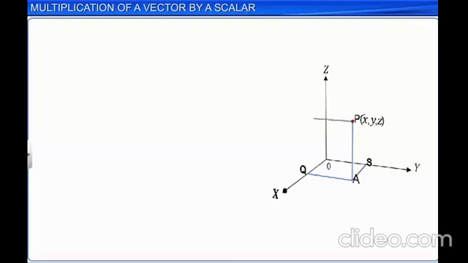Complete the parallelepiped as shown. Now, Q, S and R are the points on the x, y and z axis respectively, such that OQ is equal to x, OS is equal to y, and OR is equal to z.